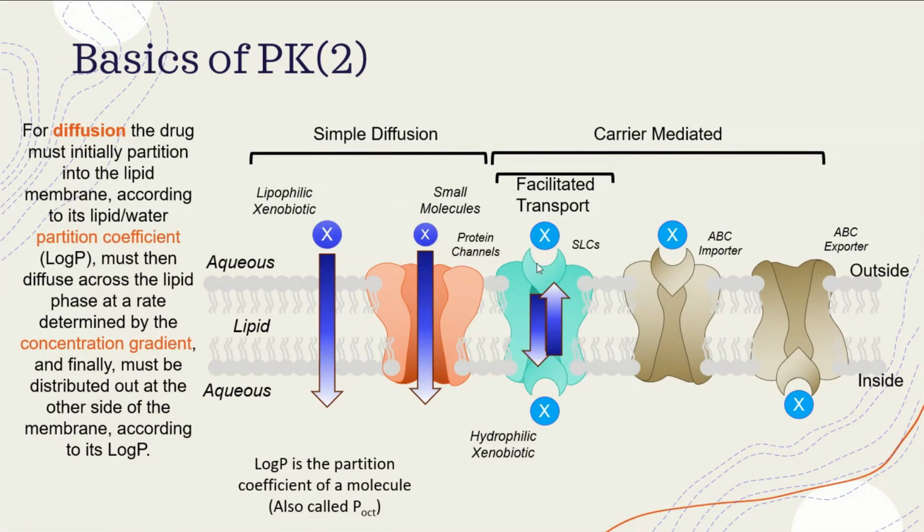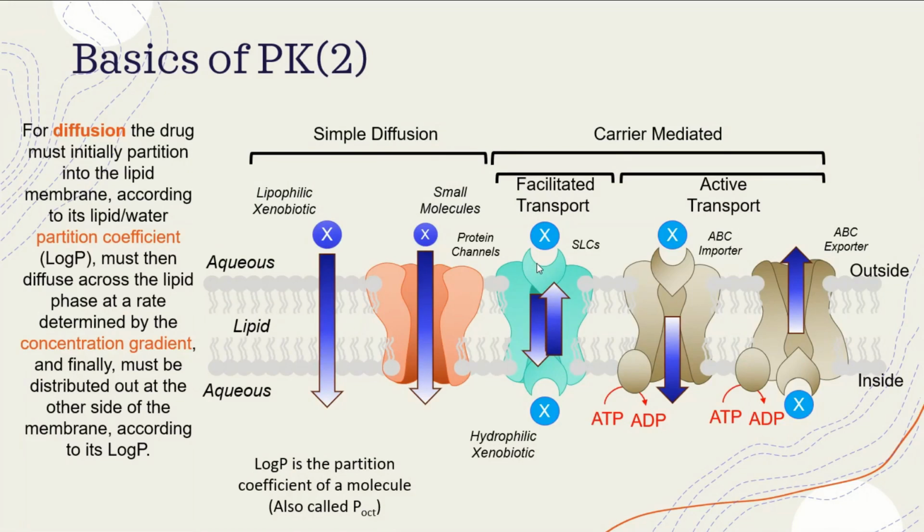A similar type of carrier-mediated process for water-soluble drugs are active transport systems that are unidirectional. So these are active pumps that are able to take drugs into the cell or to pump them out. In order to be able to go against a concentration gradient, it requires cellular energy or ATP.